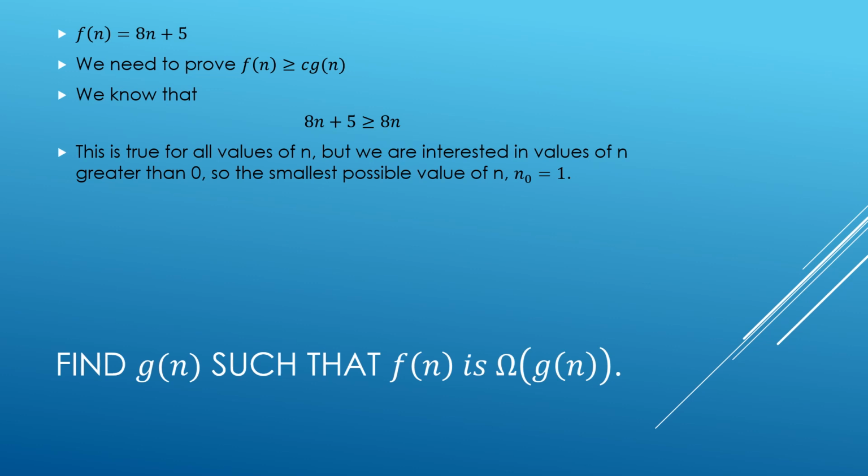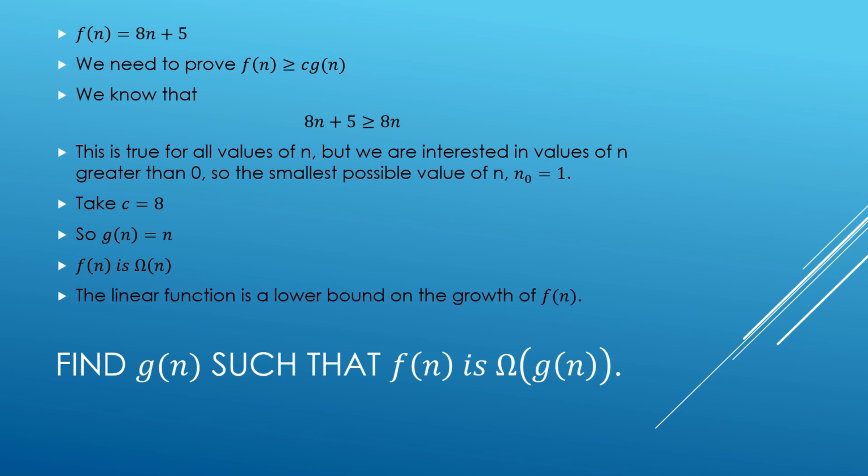So the smallest possible value of n0 is 1. Take c to be 8. So g(n) is n and f(n) is omega n. The linear function is a lower bound on the growth of f(n), or the linear function grows slower than f(n).